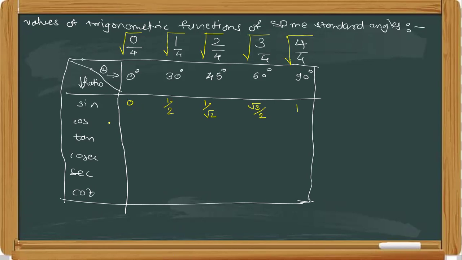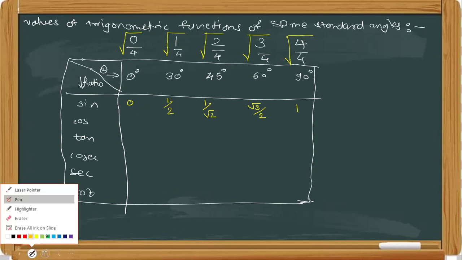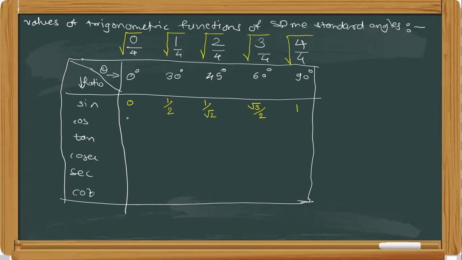Now, what about cos ratios? How to write cos ratios? Reverse of sine ratio. Write the same things in reverse order: root 3 upon 2, 1 upon root 2, then 1 upon 2, then 0. Then what about tan ratio?